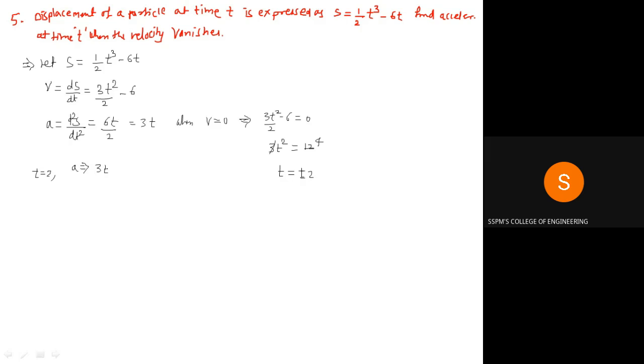So 3t, 3 into 2, that is 6 units, the acceleration of the displacement when the velocity vanishes. So these are the number of applications of differentiation. We'll see the next application.